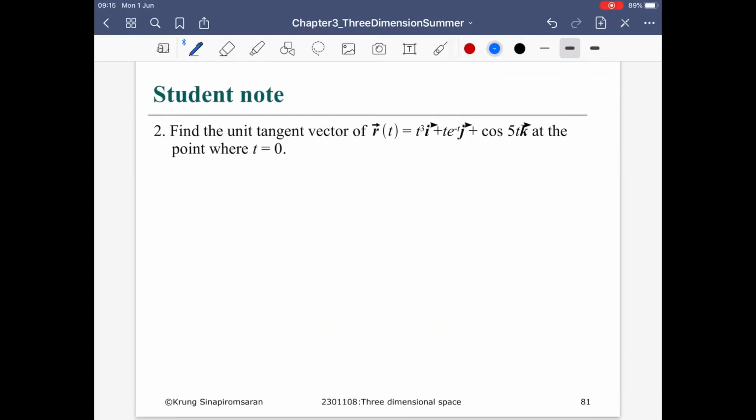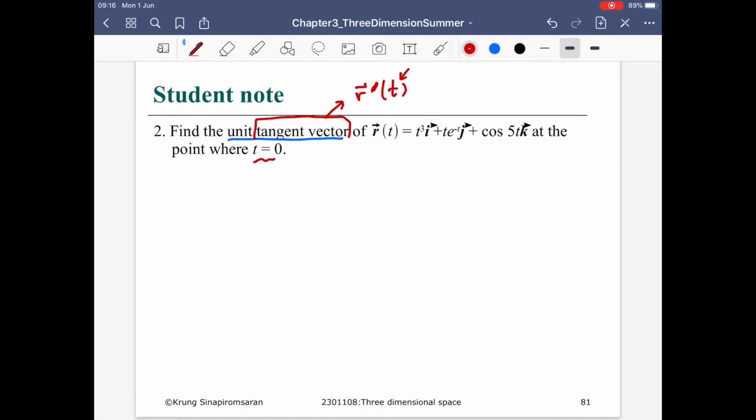Now if you need to find a unit tangent vector, as I told you, the tangent vector is simply your r prime at a particular point that we consider. Right now the particular point that we consider is t equals 0.